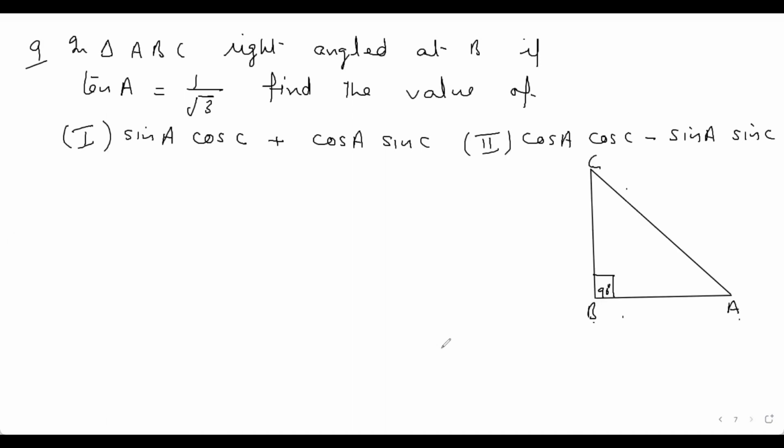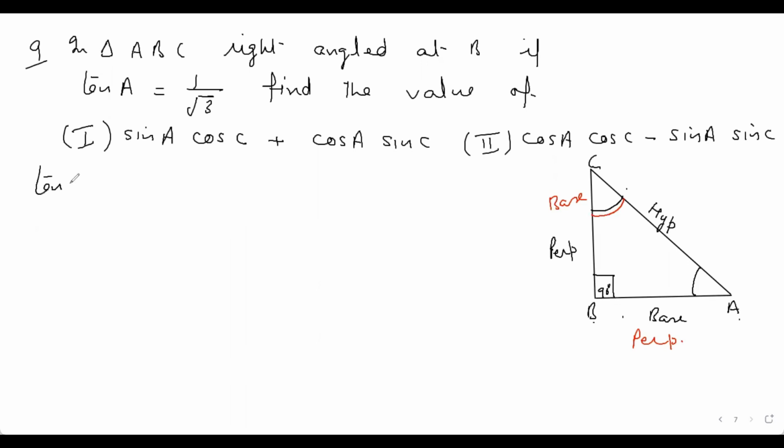Now this is a right angle triangle, right angle at B. If this is angle A, then this is base and this is perpendicular and this is hypotenuse. If I am to consider this angle, then this is the base, this is the perpendicular, and this is the hypotenuse.